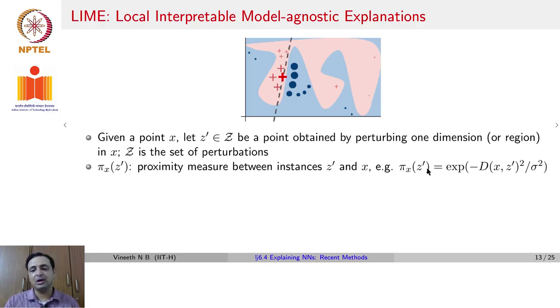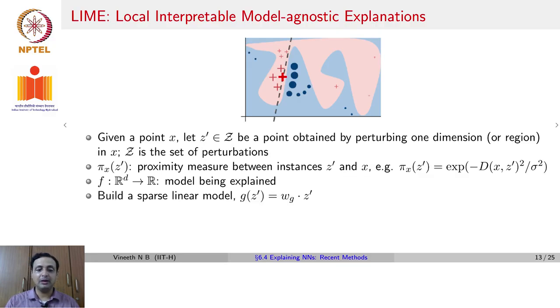This could be a distance metric such as an inverse exponential distance metric. So you could have an exponent of minus D(x, z prime) squared, where D is a distance, divided by some sigma squared, which can be predefined by a given user. f is again the model being explained.